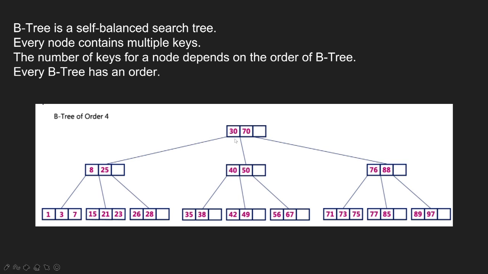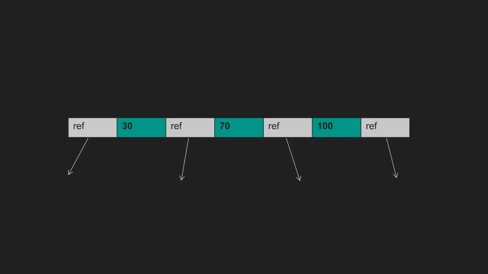So let's see a detailed node. In this node, there are 3 keys, and there are 4 children. The key values are sorted, and for this key 30, all the keys in its left children are smaller than 30.